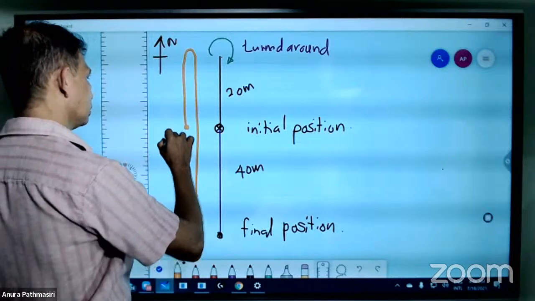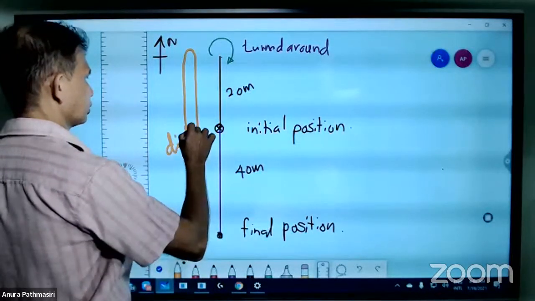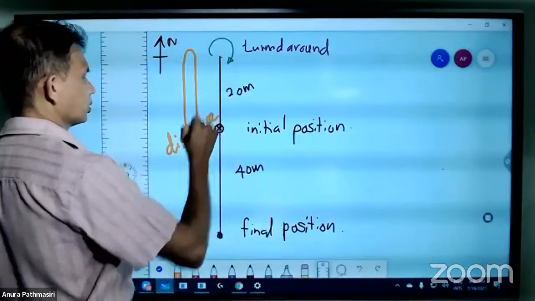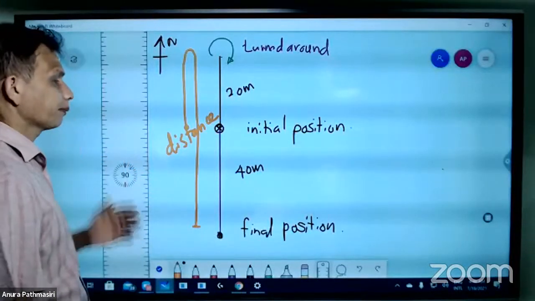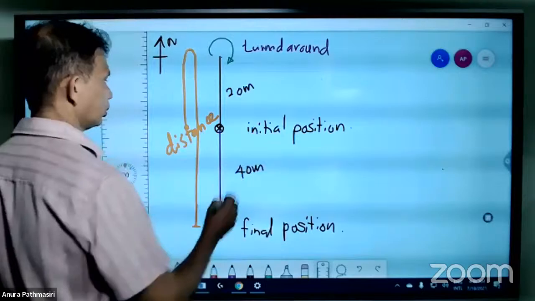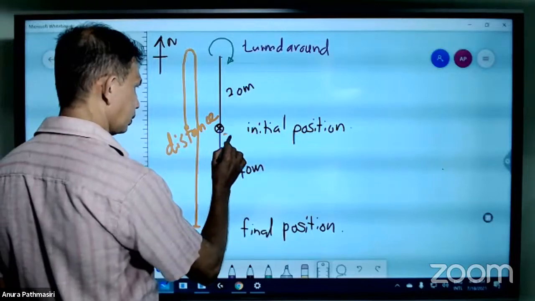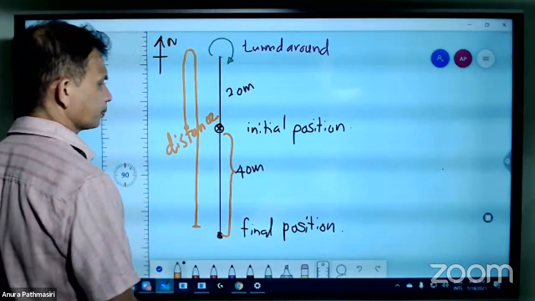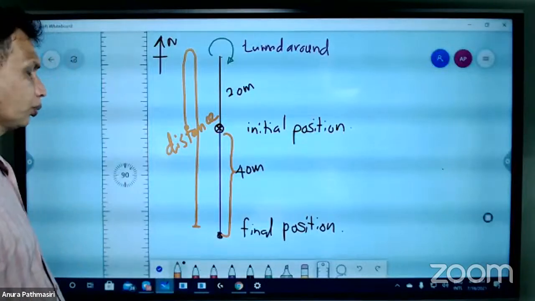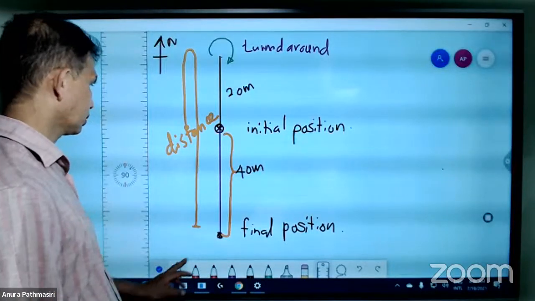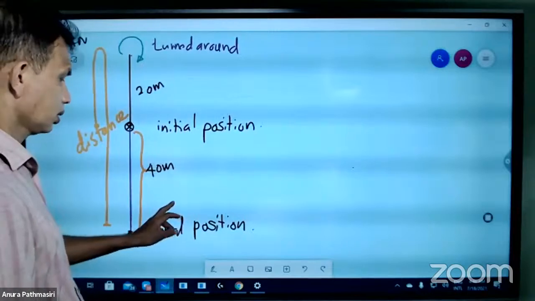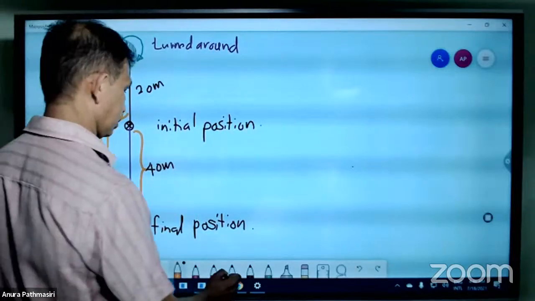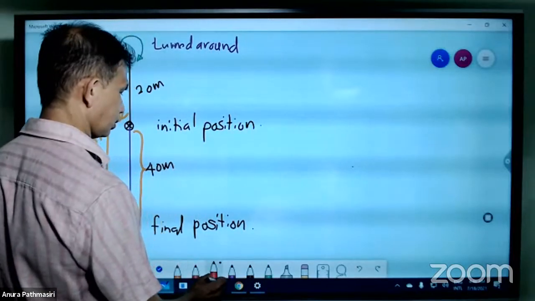This is the distance. And if you consider the displacement, this is the displacement.